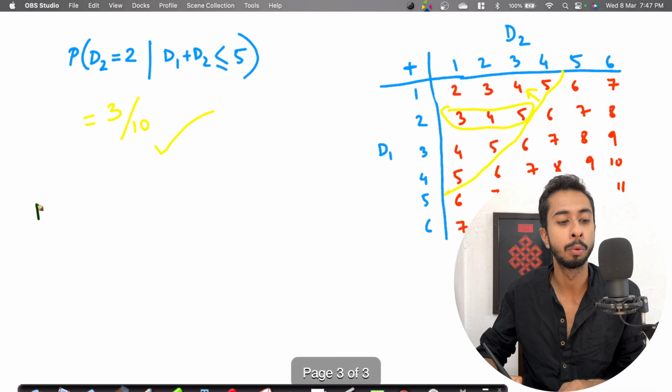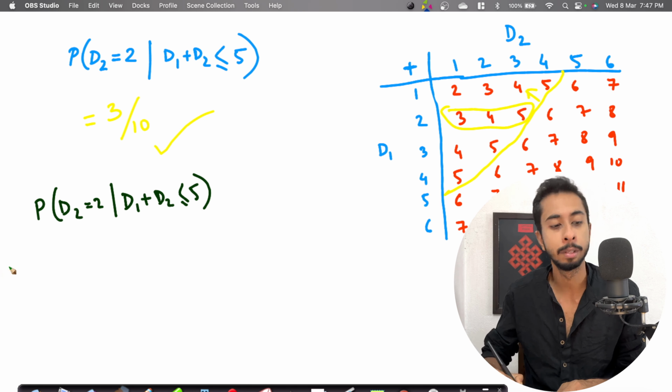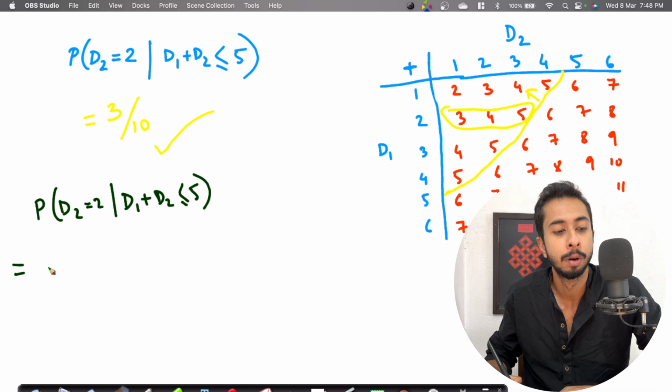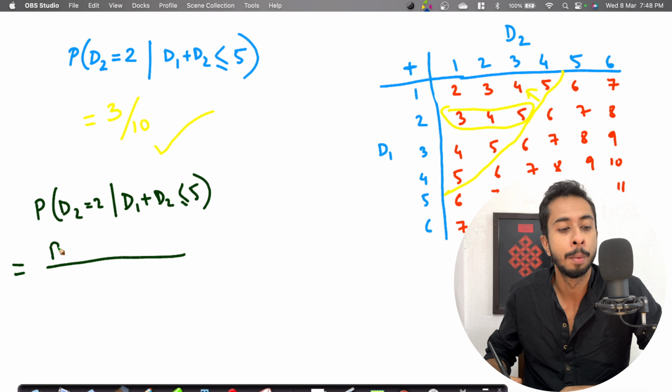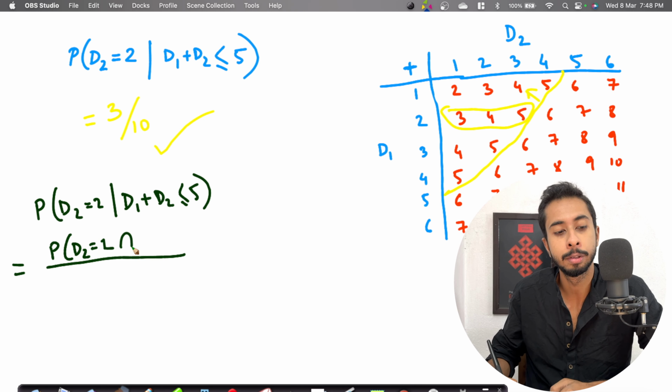So we already know that the probability of D2 equals 2 given D1 plus D2 less than or equal to 5 is equal to the probability of D2 equals 2 intersection D1 plus D2 less than or equal to 5.